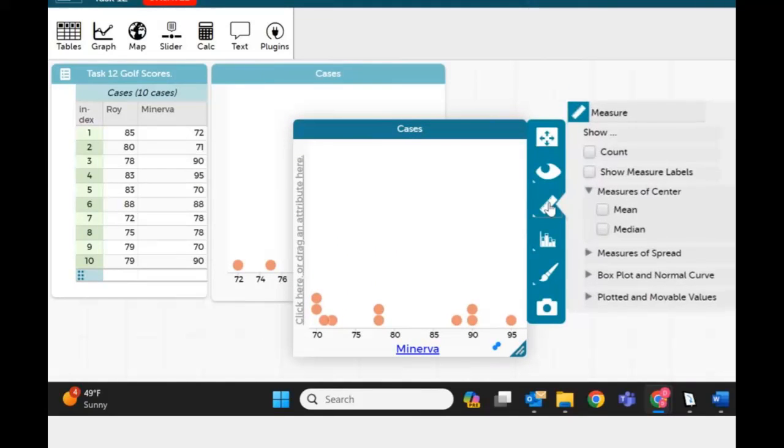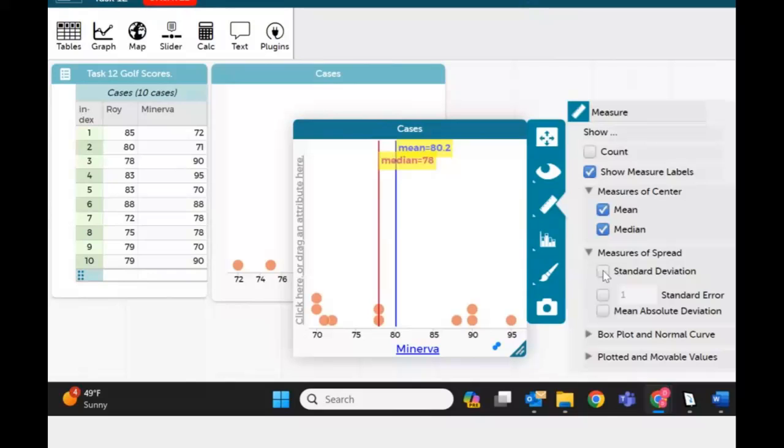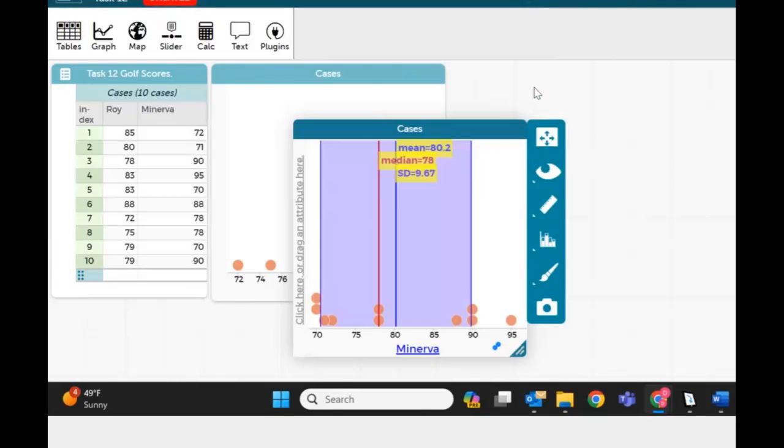We have measures of center. I want the mean, that's my average. I want the median. I want to show where those measure labels are. And I want to see the standard deviation, which is in the purple area.